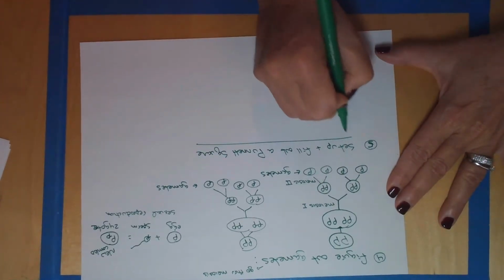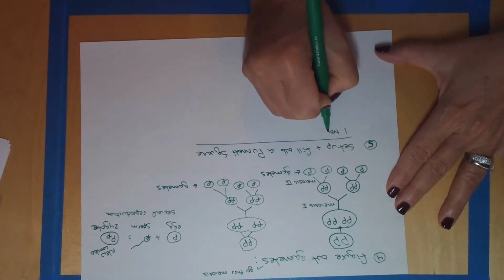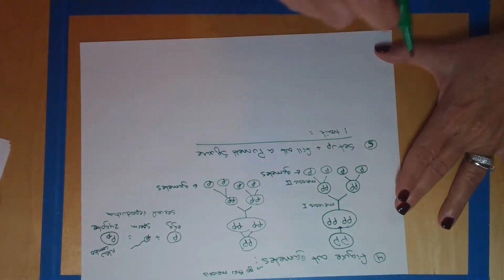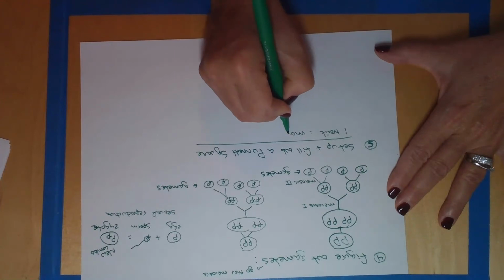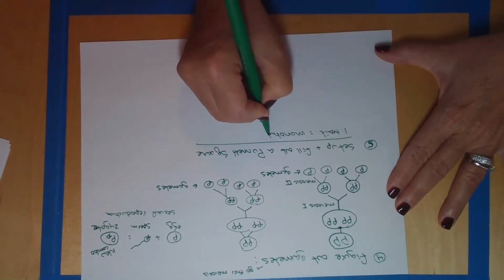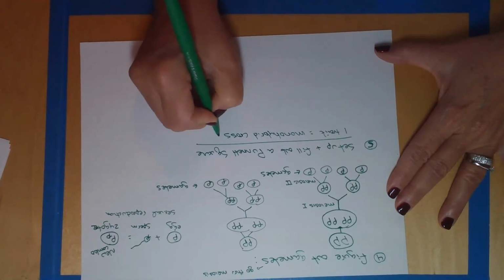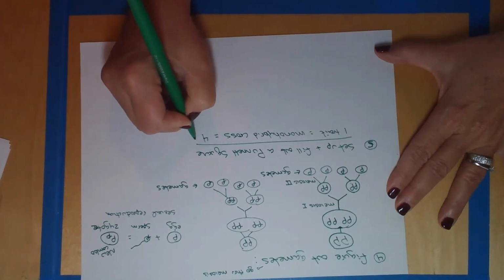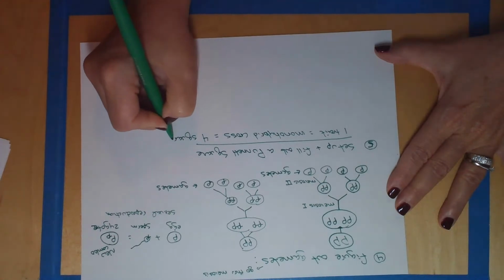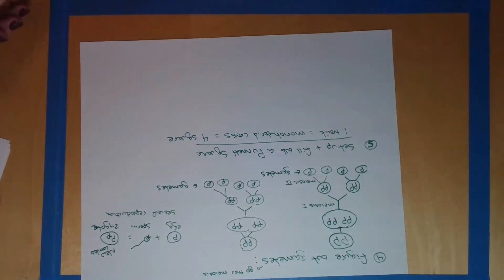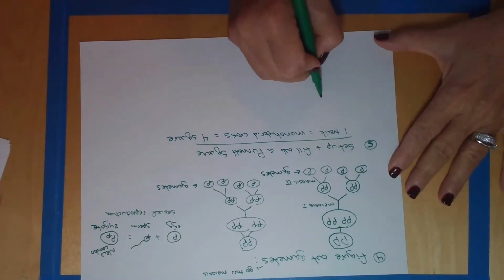All right, now when we're dealing with one trait, with the inheritance of just one trait, that's known as a monohybrid cross. And with a monohybrid cross, your Punnett square is going to be a 4-square Punnett square.